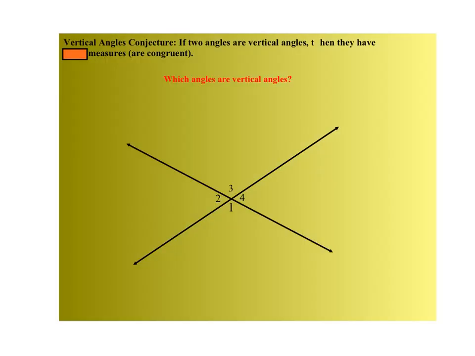Now, before we get into this vertical angles conjecture, let's consider what we know about the measure of angle 2 plus the measure of angle 3. Since angle 2 and angle 3 are a linear pair, we know that those would have to add to 180 degrees. Let's also consider the fact that angle 3 and angle 4 are a linear pair.